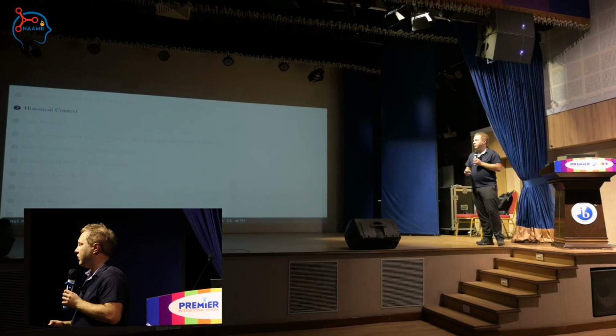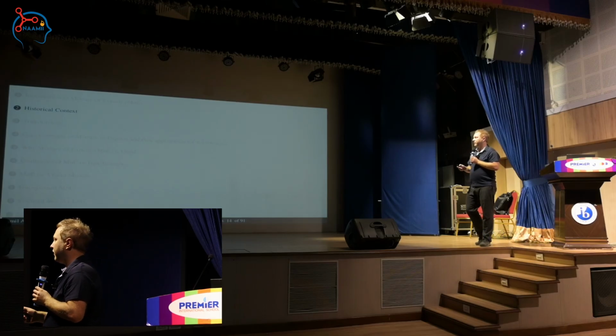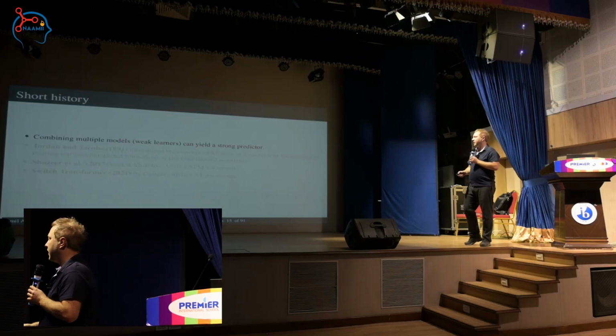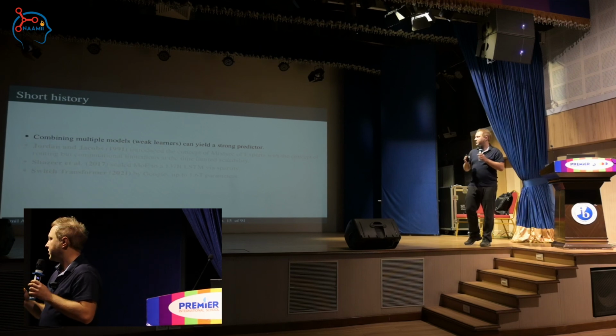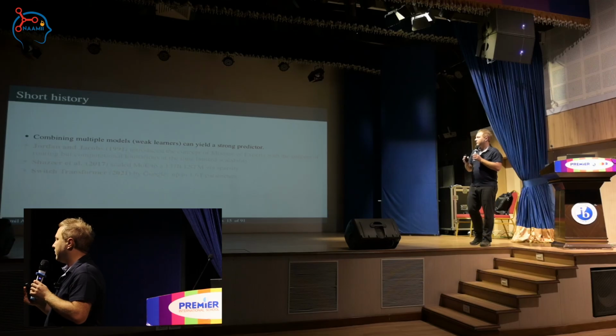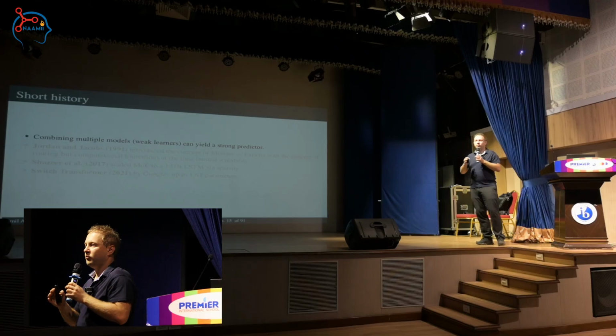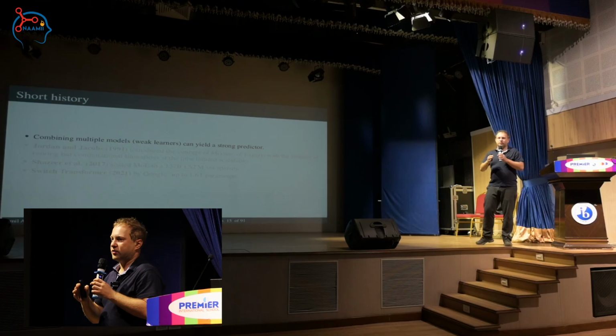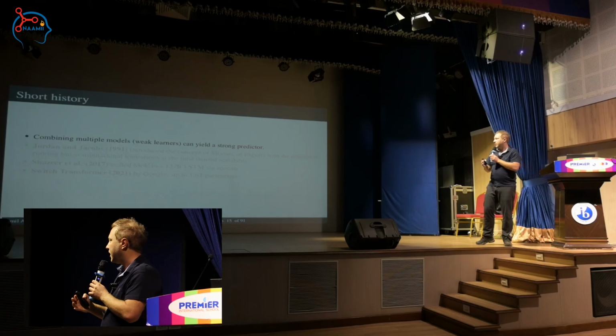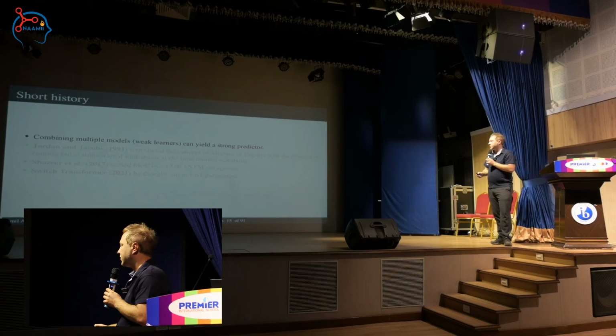Okay, so a little bit of how it came into being. It derives, as I mentioned, from the idea that we have multiple models, which can be called weak learners as well. Maybe they're not that great, but together they become a strong predictor.